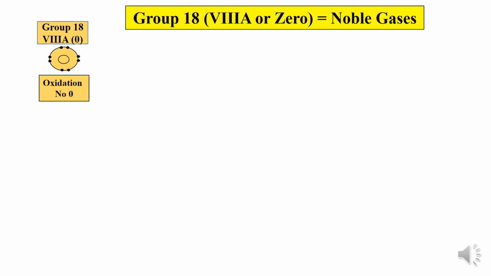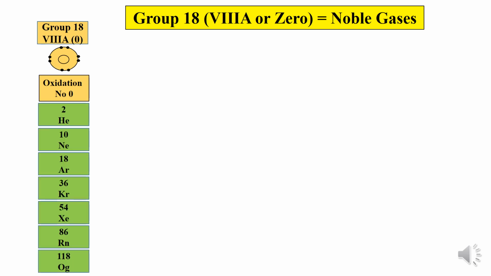As a result there is no charge associated with the group 18 elements, giving them an oxidation number of 0. Because of their oxidation number, they are also called zero group elements. And they are referred to as noble gases because of their noble or ideal behavior.